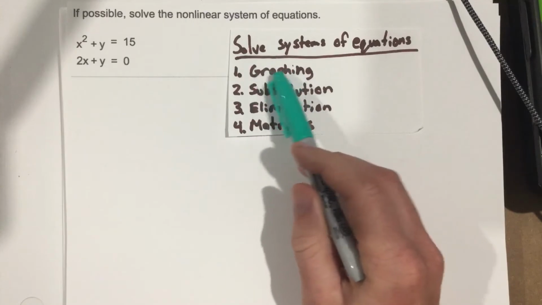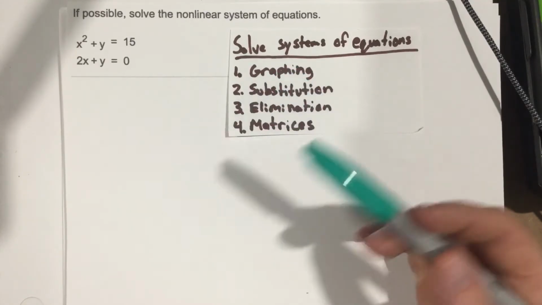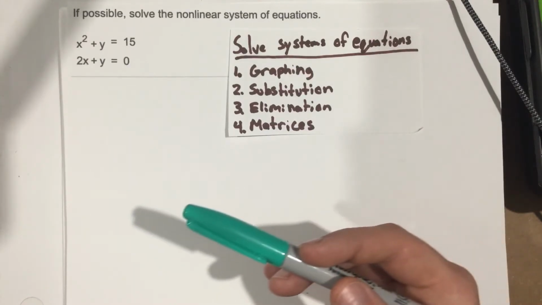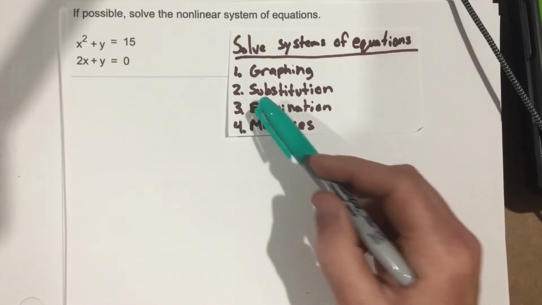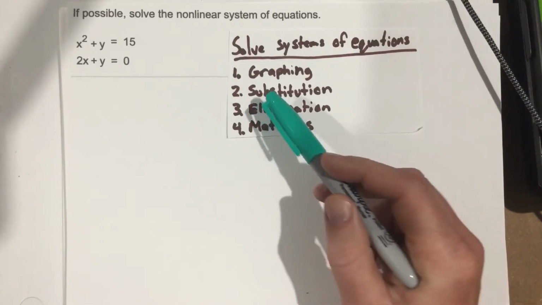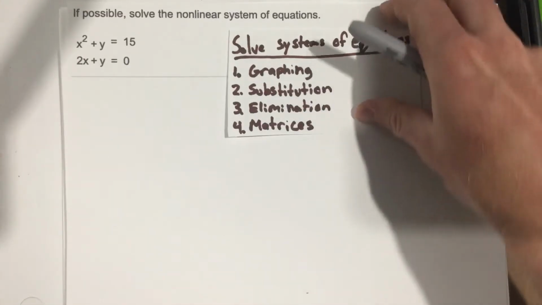Most of the time I'm going to use graphing just to get a grasp of what the graph looks like and where the solutions lie, but I'm going to use substitution to actually solve the equation algebraically. So let's use substitution in this case.